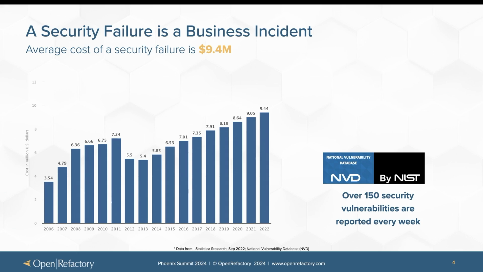However, the average cost of a security failure is still not insignificant. It's close to $10 million now. Yet, every week the National Vulnerability Database maintained by NIST of the United States reports about 150 security vulnerabilities.